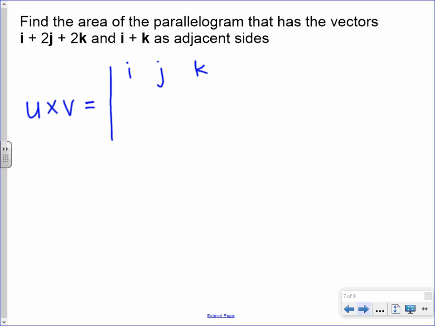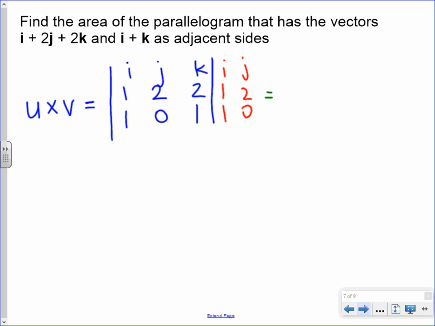So i, j, k, we'll just go in the order of the first one, 1, 2, 2, and then the second one, be careful, this is 1, 0, 1, because it's i plus k. All right, so we will copy the first two columns and do our crisscross here.